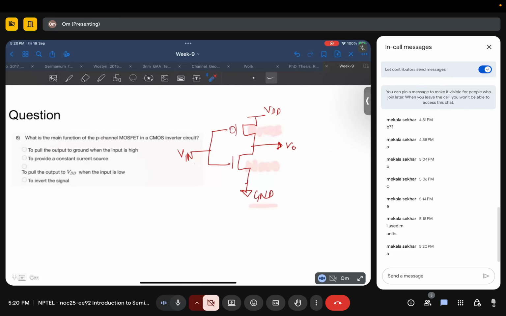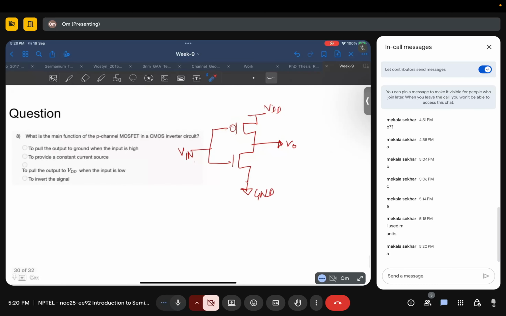This is a CMOS inverter circuit. What is the function of this PMOS transistor? It is to pull the output to ground when input is high, to provide constant current source, to pull the output to VDD when input is low, to invert the signal.